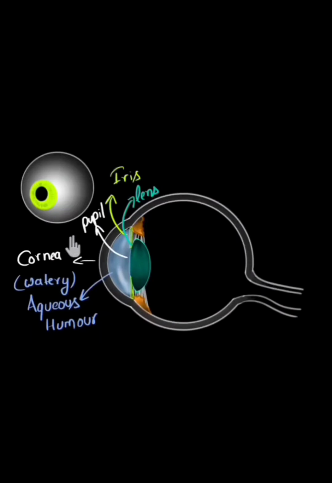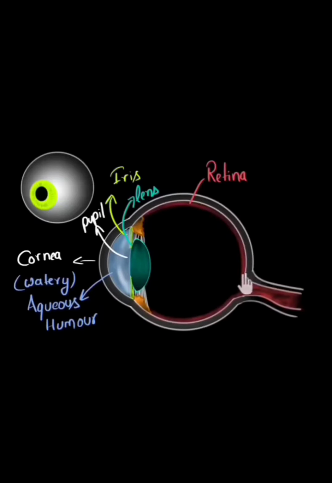Light rays fall on the cornea, enter through the crystalline lens, and the image is formed on the retina. This red part is known as the retina. The retina is also known as the screen of the eye.